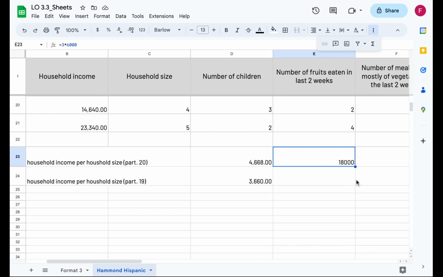This is telling us that if 3 of the adults are earning 6,000 each in a year, this is how much it would be if those are the three adults in the home that are earning. So this is what their household income would actually come up to. It's way less than what it is in this case, because there's another way to deal with that. And now let's use, for example, the same thing for participant 19's household.